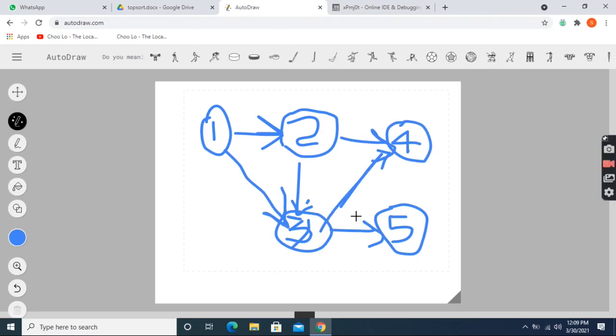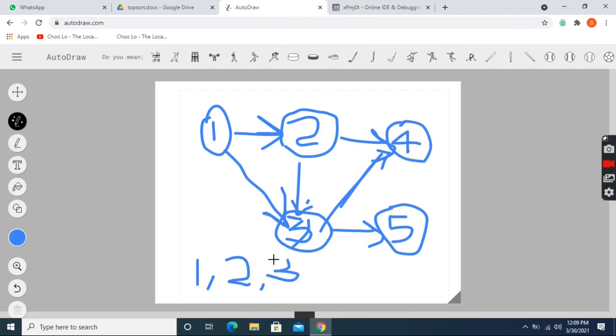So here we have a graph with 5 vertices and we will get to the procedure of finding the topological order later, but let's suppose that I write this order as 1, 2, 3, 4 and 5.